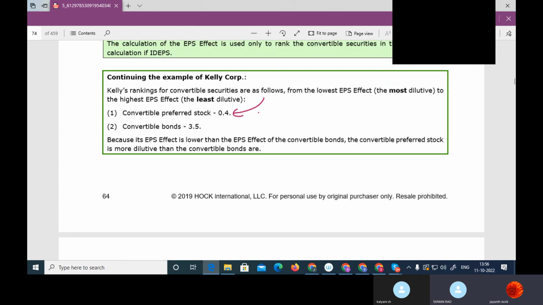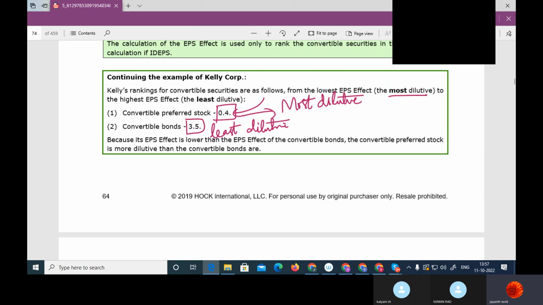Based upon that, you would be taking the least dilutive ones. Actually, the lowest EPS effect is the most dilutive, not the least. The least dilutive is 3.5. The most dilutive is this one, which is lesser.